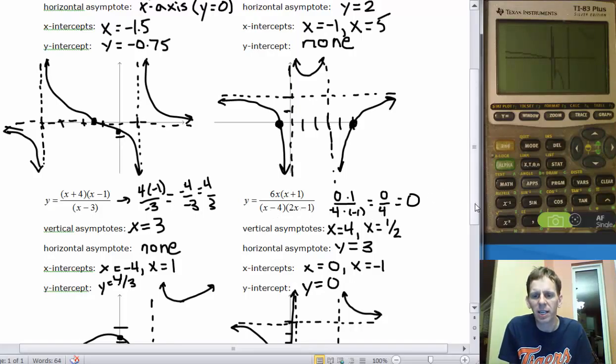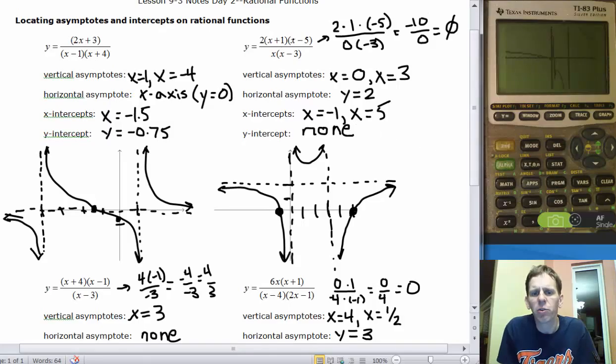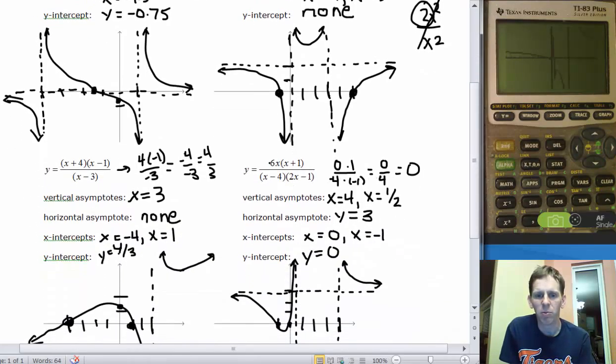If the degree is the same, then what we do is this. If you were to imagine multiplying out the numerator, what you would end up with is a 2 times an x times another x, which is like 2x squared. On the bottom, we have an x times x, which is x squared. And if you're thinking, what's 2x squared over x squared equal to? Well, the x squareds cancel out, and you're just left with 2. That happens to be your horizontal asymptote. On the problem on the bottom, if you multiplied the 6x times the x, you would get 6x squared.